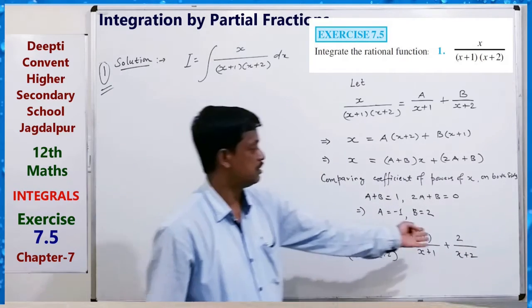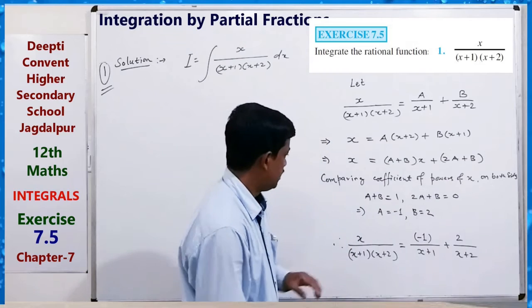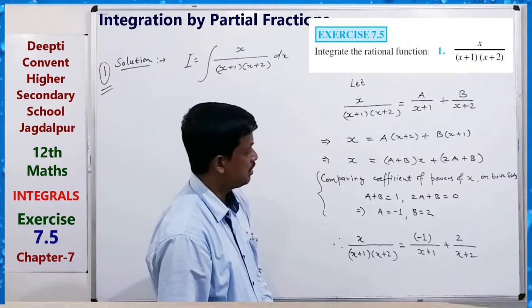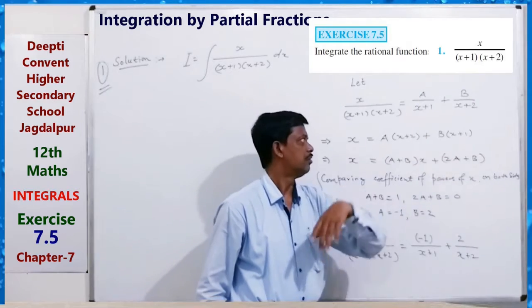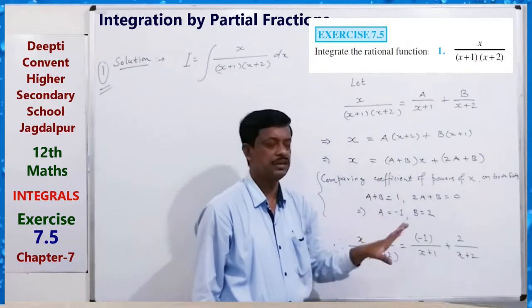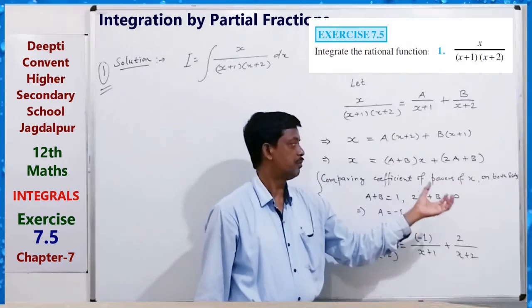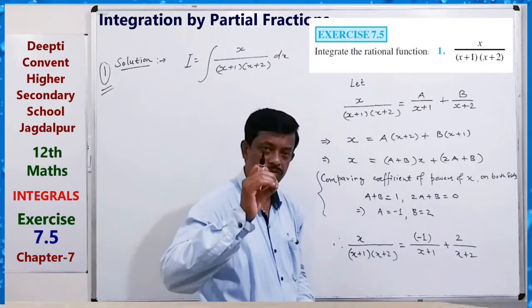Okay, so this is partially fractioned. For finding the values of A, B, and if there is C, then C, D, etc., compare the coefficients of powers of x, or you can put particular values of x.